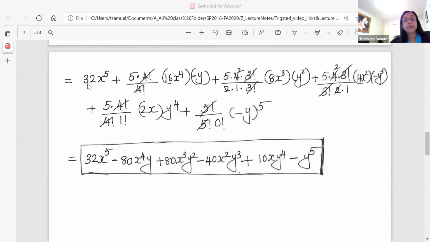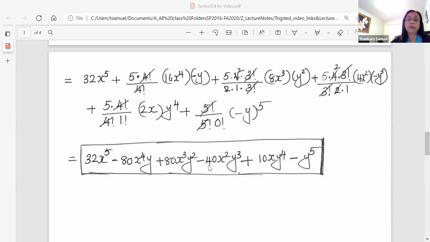So when we evaluate each term, you can see that the first term is 32x to the fifth. Then 5 times 16x to the 4 times negative y is negative 80x to the 4y, plus, when we multiply these terms together, you will get 80x cubed y squared. Then the sign of this term is negative because this is negative y cubed.